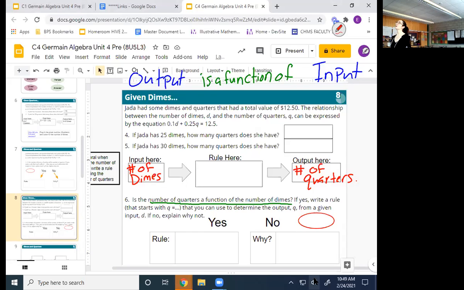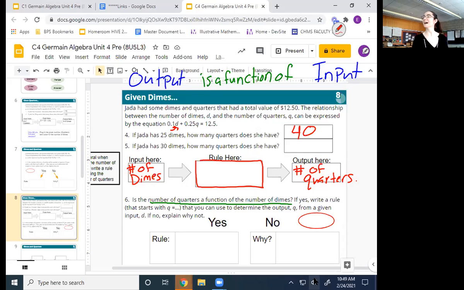Because when you plug in 25, you can do it two ways. You can find your rule equation here, plug that value in for the dimes, and then calculate your Q. Or you can plug your 25 into the original equation and solve for your Q. You're just going to have to do a little bit more moving when you do that. So it's going to be 40 quarters when she has 25 dimes.